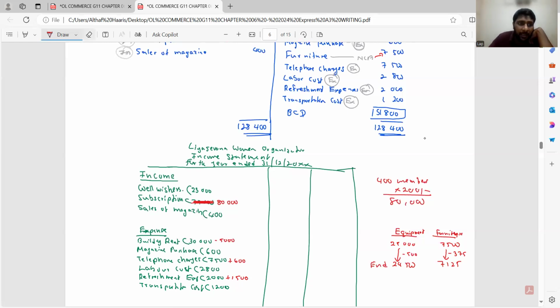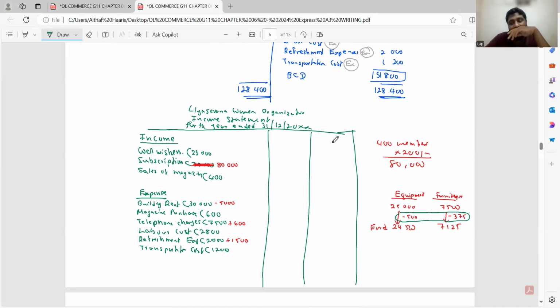Can anyone tell me what is the reason for these reductions? Equipment we purchased 25,000, but now the value is 24,500 at the end of the year. Furniture we purchased 7,500, but at the end of the period the value is 7,125. 375 has been reduced. This reduction has happened because of what?